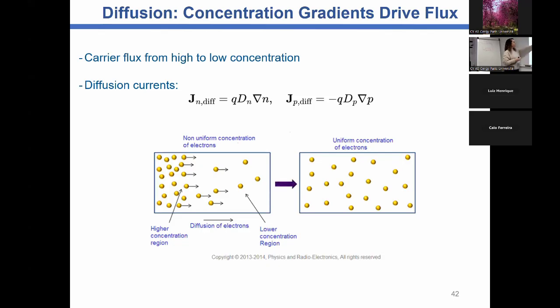This first figure shows a carrier accumulation here and a few carriers on the right side. Because of this distribution, we have a gradient of carriers, so to give uniformity, they have this movement.